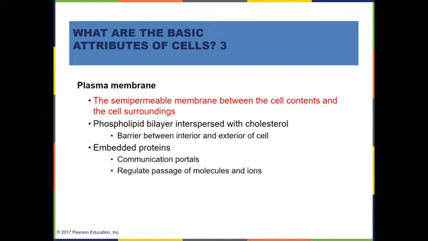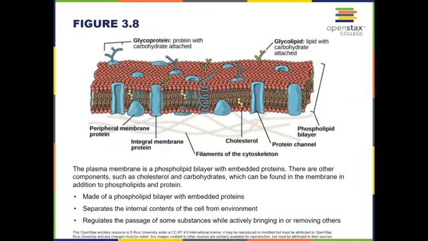That gives this phospholipid structure both a hydrophobic and hydrophilic side, meaning that parts of the phospholipids have to sequester or hide away in the median part of the cell membrane. Also embedded in this phospholipid bilayer are tons of integral proteins, or big proteins that go all the way through the membrane. Some are channels, some are carriers, so they can be communication portals, or the regulatory passageways for certain molecules and ions.